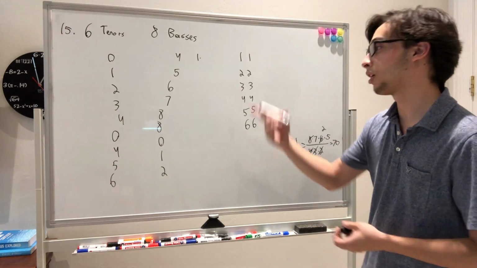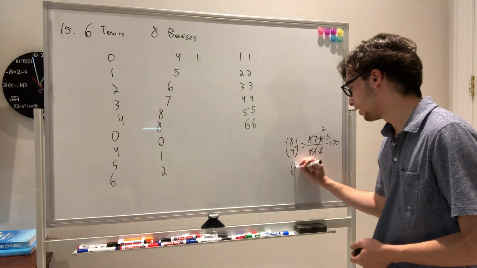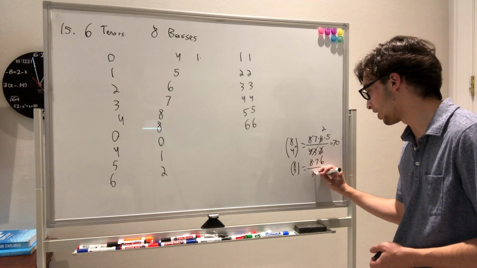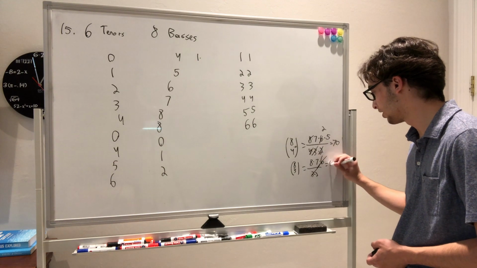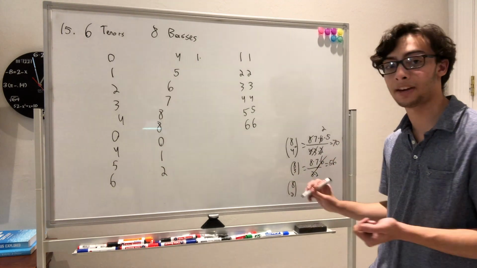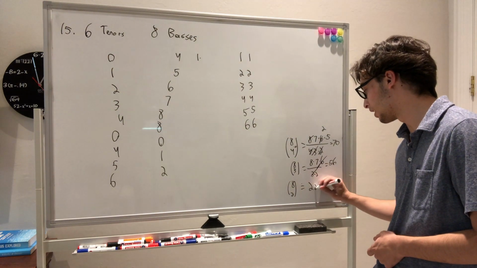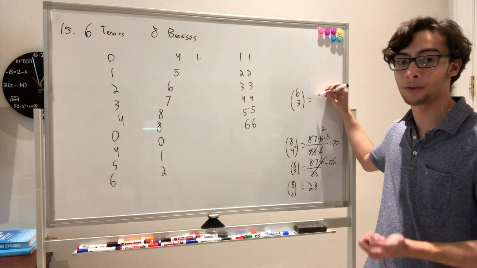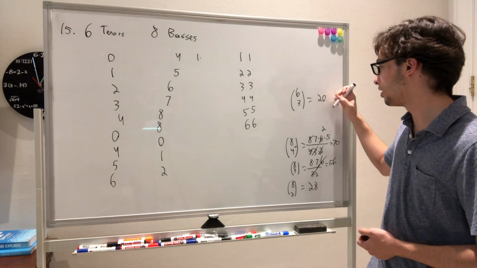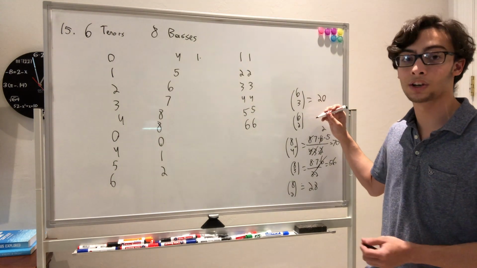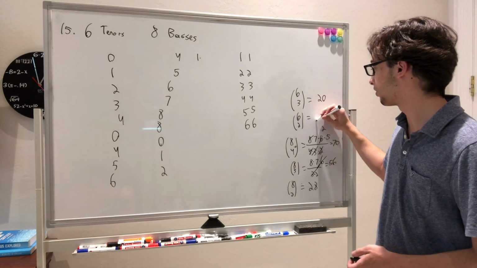Now I'm also going to calculate the rest. 8 choose 3 is 8 times 7 times 6 over 3 times 2, which equals 56. 8 choose 2 is 8 times 7 over 2, which is 28. 6 choose 3 is 6 times 5 times 4 over 3, which is 20. And 6 choose 2 is 6 times 5 over 2, which is 3 times 5, which equals 15.